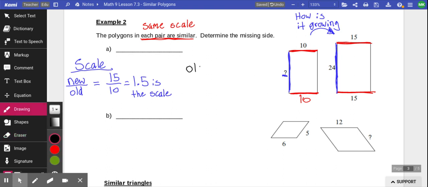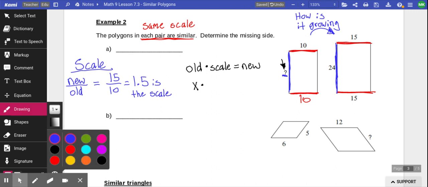You take your old side, you multiply it by your scale, and it equals your new side. For us, we don't know what our old is, so we call it x. Multiply by our scale, which we calculated to be 1.5. And that should now equal your new side length. Your new side length is 24.